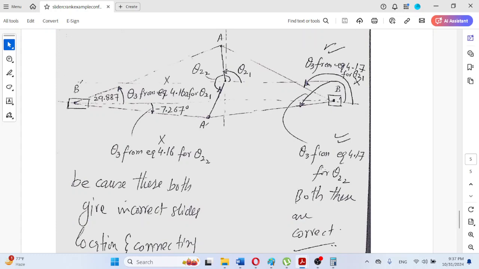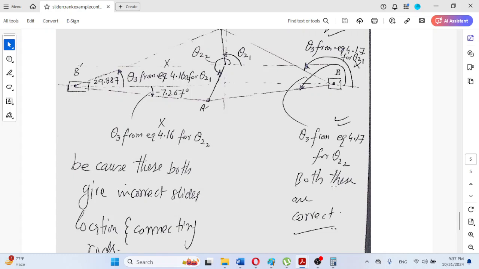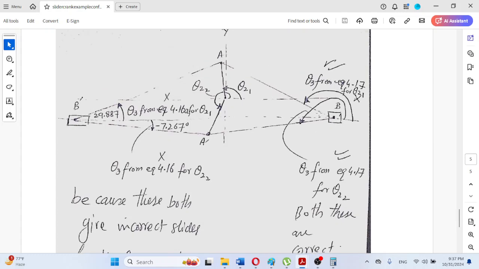And the other value from equation 4.17 is giving this anti-clockwise orientation for the other circuit, or the lower circuit. So both of these values are correct, and they are giving the correct slider and connecting rod location.